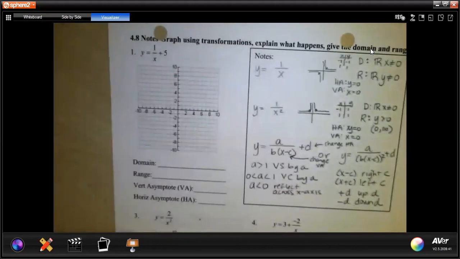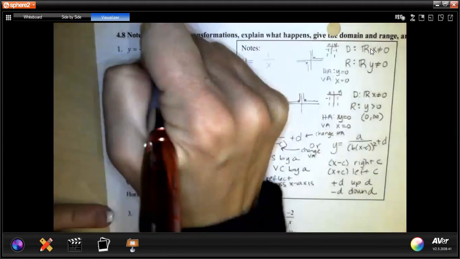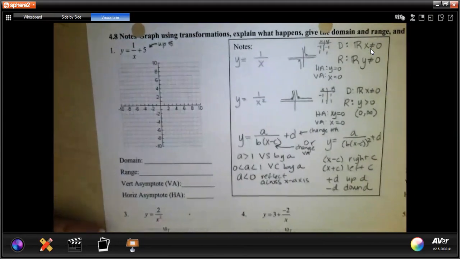So let's try one. All right, we've got y equals 1 over x plus 5 here. That plus 5 at the end there is up 5, because that is the D value. It's not inside the operation, it is on the outside. So it's going to go up 5.